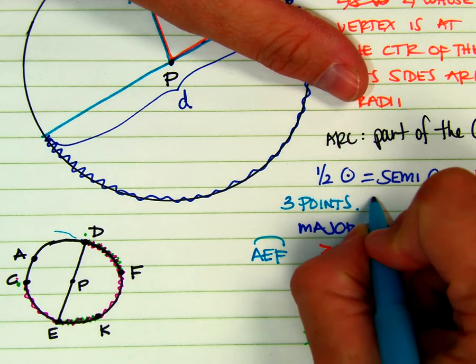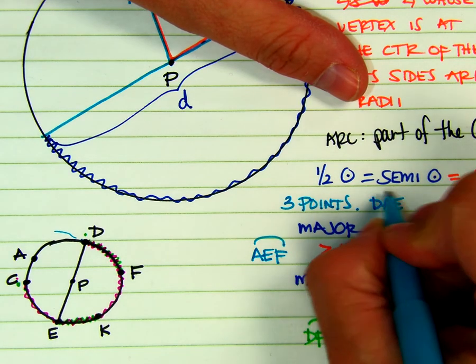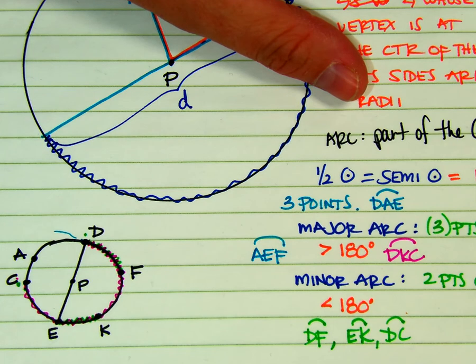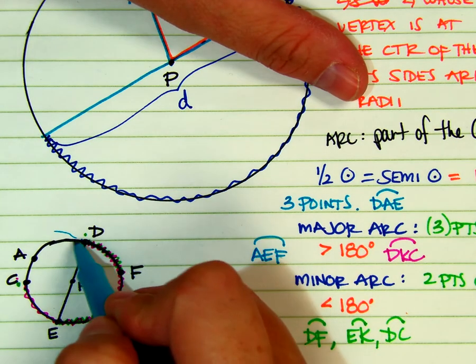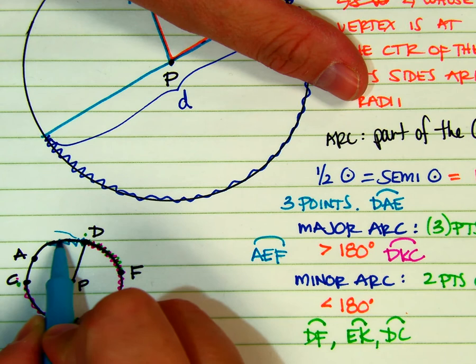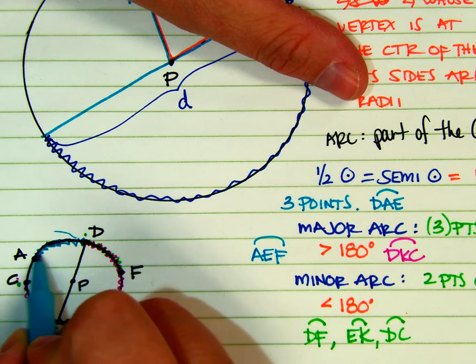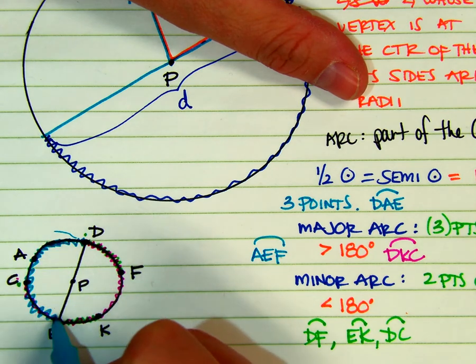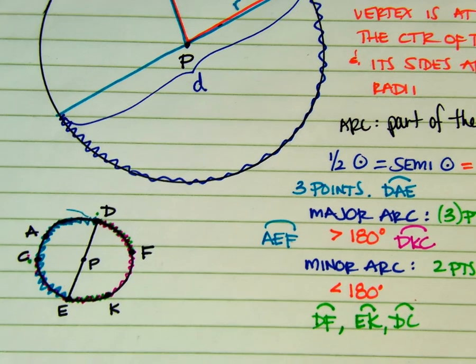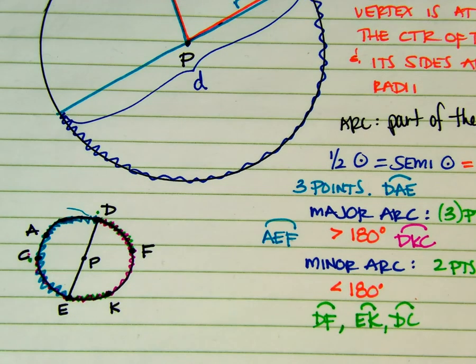So I could say arc DAE. If I say arc DAE, that means I'm starting here, traveling through A, and stopping at E. Okay, we're going to stop there with the parts of a circle.